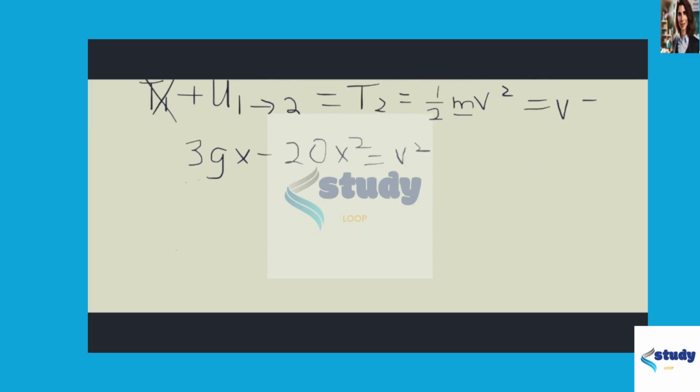Now, since these blocks are connected, we know that the maximum velocity occurs when the derivative of velocity with respect to x is 0.